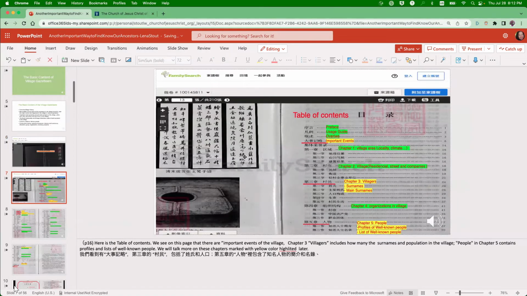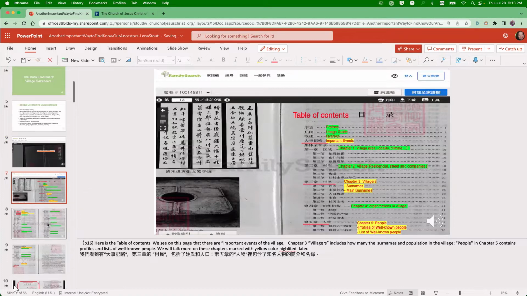This is a table of contents, and the green background is the part of the contents that is not related to the Japu. The yellow background highlights what is related to the Japu.